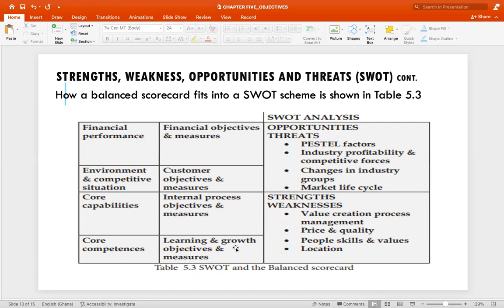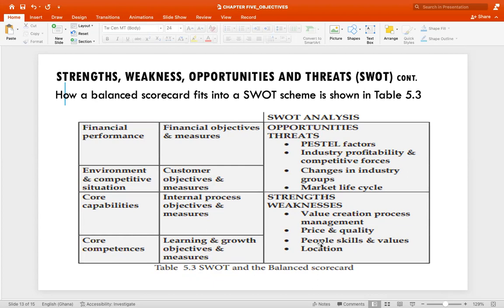Why? Because when you invest in learning and growth, you increase the strengths and minimize the weakness in your internal environment. All right. So you'll be able to teach your people as a result of the learning and growth and the internal process improvement to improve value creation process management. You will be able to reduce your costs of production and therefore your price. You will be able to teach them to improve the quality of the products and services that you are rendering.